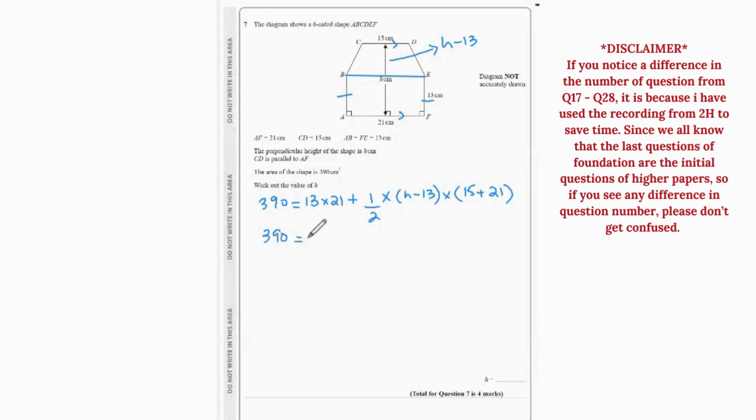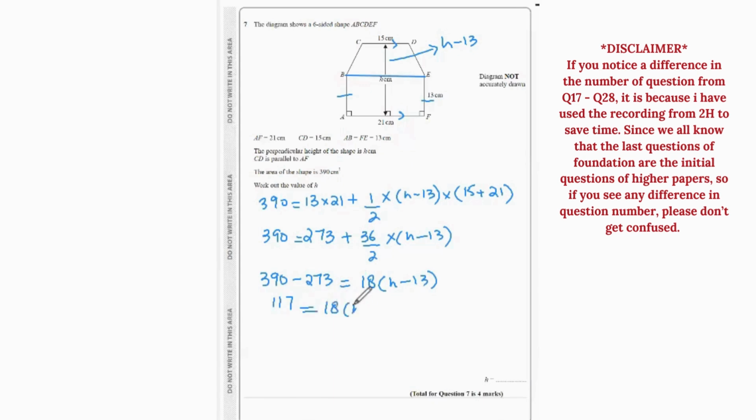So now let's simplify this. 390 equals 13 times 21, which is going to be 273, plus 15 plus 21 is 36, 36 divided by 2 times h minus 13. Now 390 minus 273 equals 18 times h minus 13. 390 minus 273 is giving us 117.